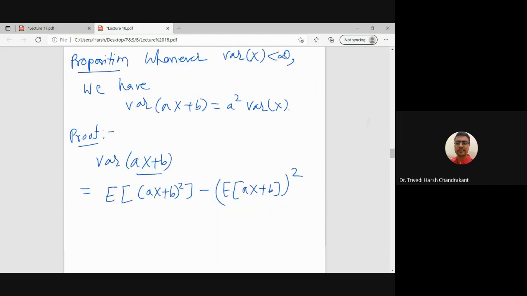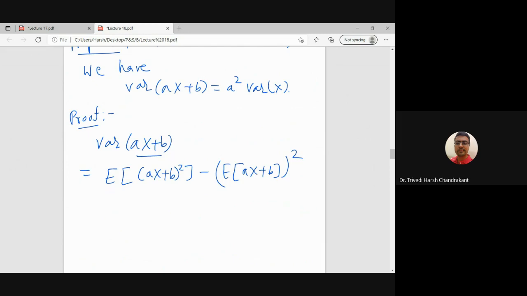Now in the first term we will first square and then apply the operator E, which is linear. In the second term we first apply E on ax plus b, use the linearity, and then square it. So let us simplify this.